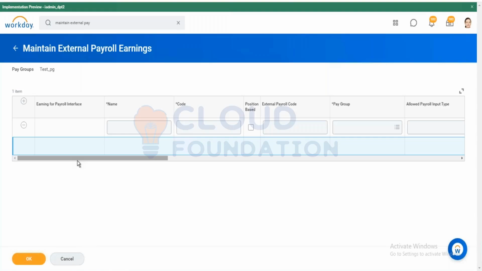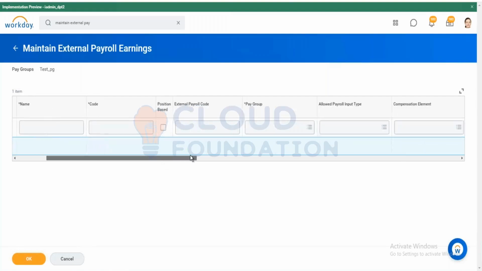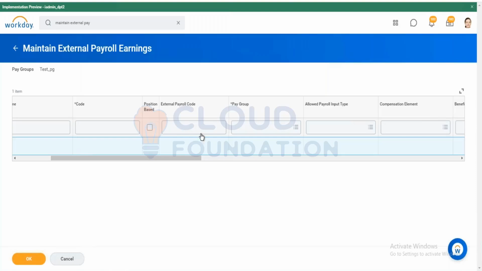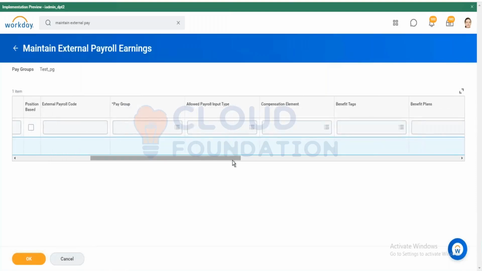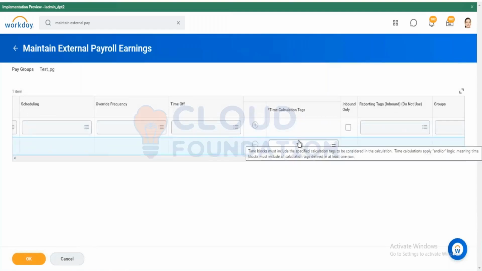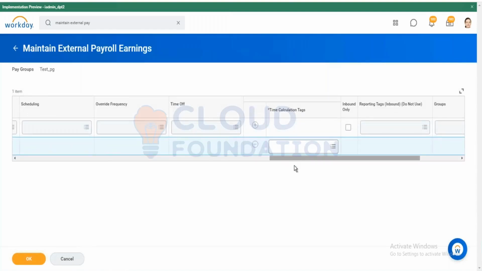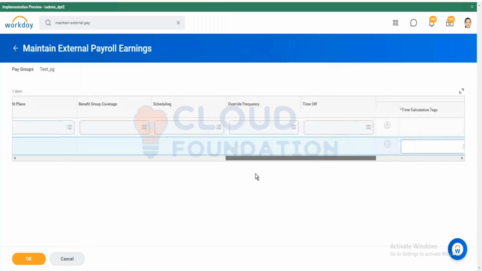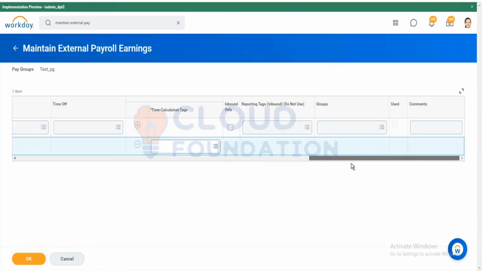But sometimes the time tracking administrator also does this kind of work, talking with the ADP folks or any other third party payroll folks, mapping their payroll code, payroll type, all the important components, and sharing their time calculation tags corresponding to the earnings or deductions. And the rest, XSLT and XML, would be taken care of by the integration person who is CCTPP certified.